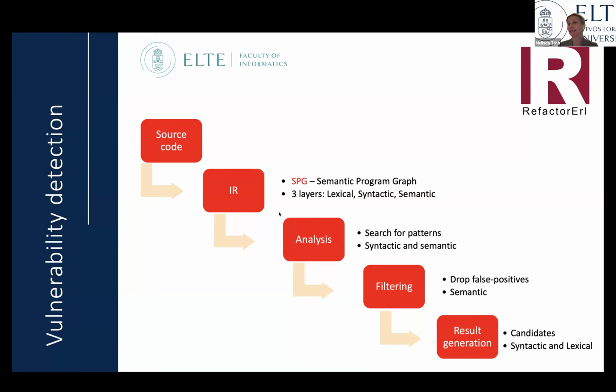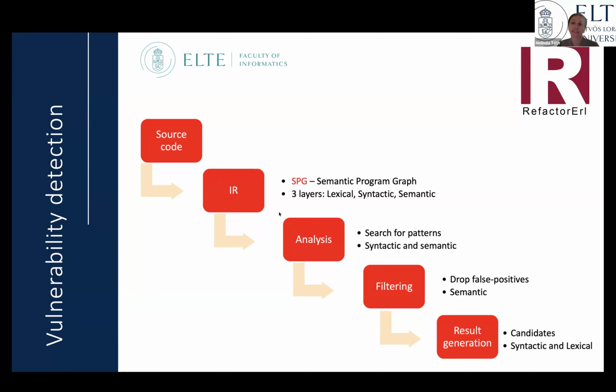But obviously that candidate list contains lots of false positive hits. So based on the semantic information available, we apply false positive filtering on the candidate list. It's an extensible framework. So we try to drop most of the false positive hits from the candidate list.